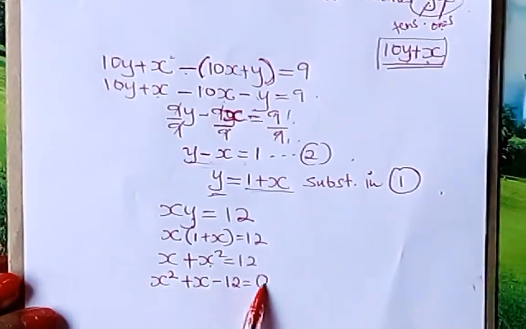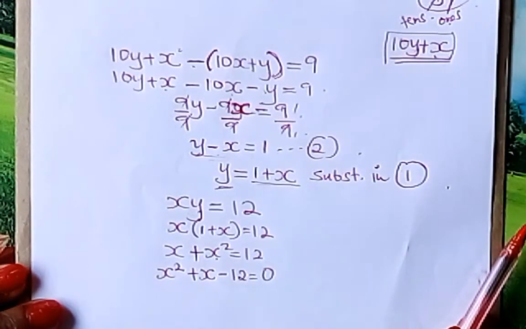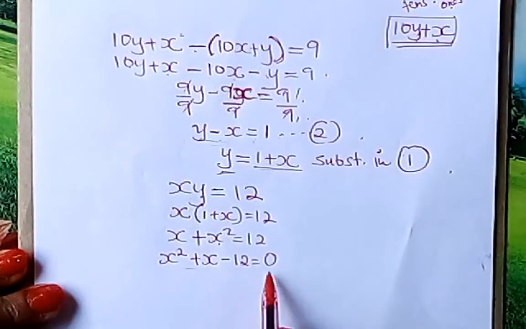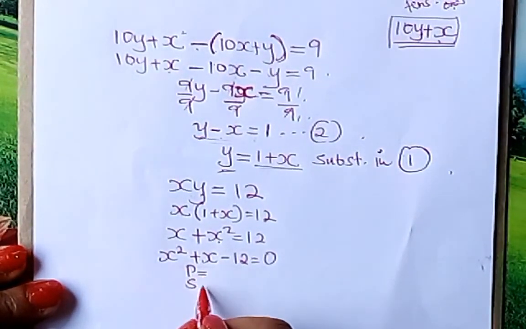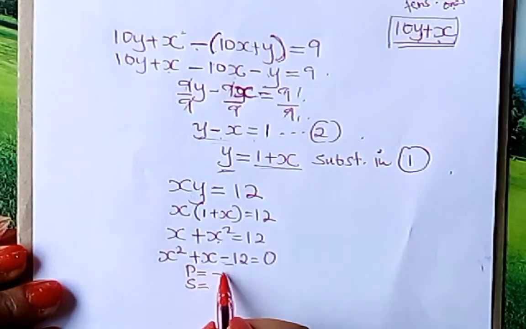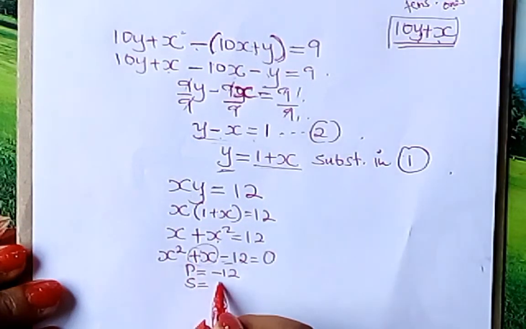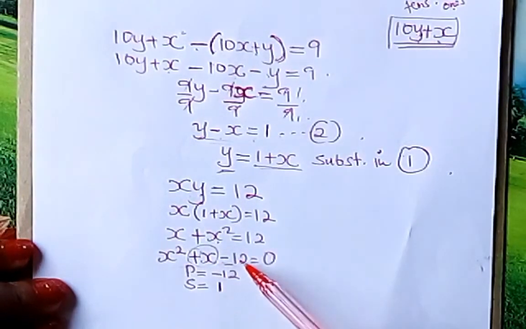And this is what we are dealing with, formation of quadratic equations given some situations. So you have your quadratic equation. Solve it by the factor method. The product is negative 12. The sum is the coefficient of x here, which is 1. The sum is 1, and the product is minus 12.